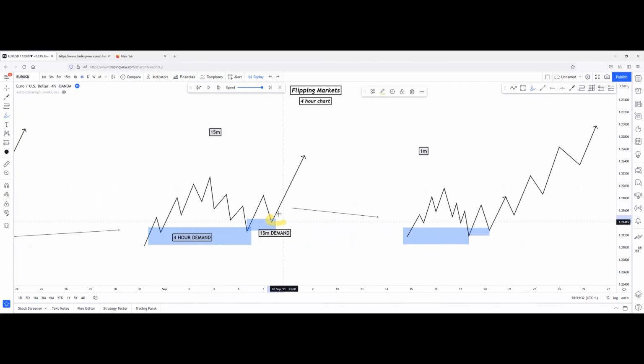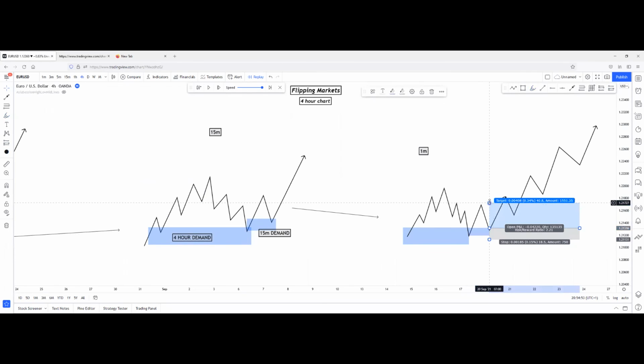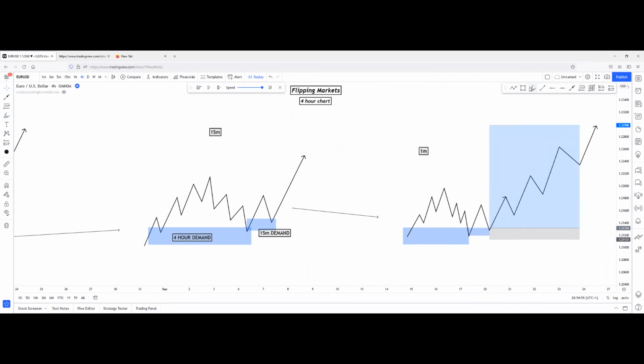After the tap of this 50-minute zone happened, price will change character on the 1 minute also. So it breaks through the last high point, change of character, and it will create a demand zone. After the change of character, you can mark your demand zone out and hop in a long trade on this demand zone. And you can write the expectational order flow, which is this one, because it's bullish in this case.